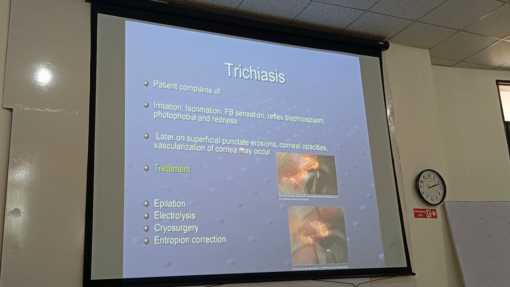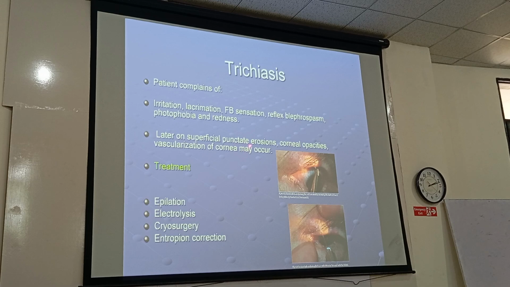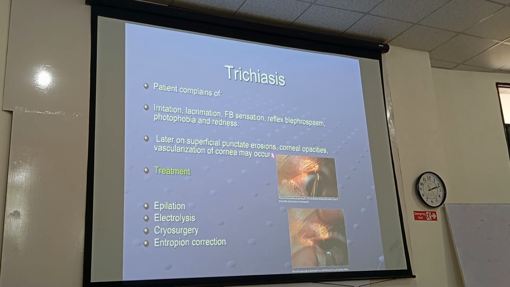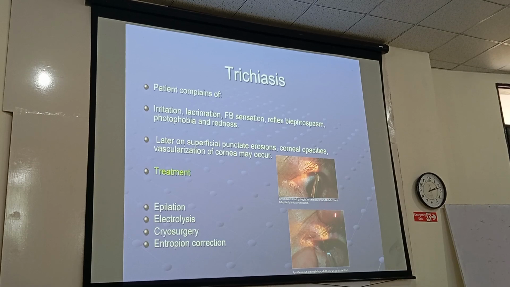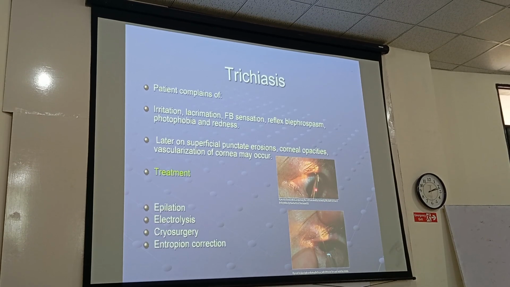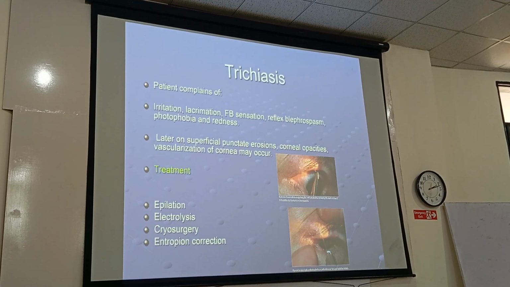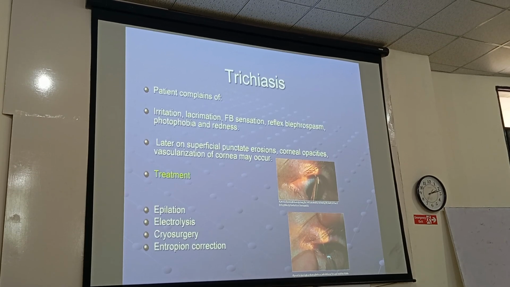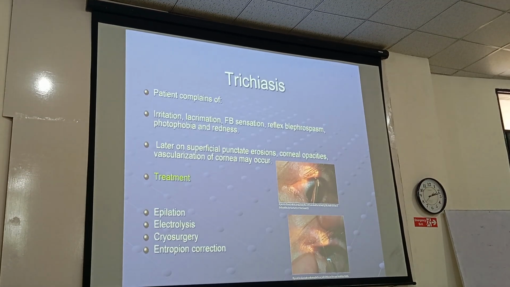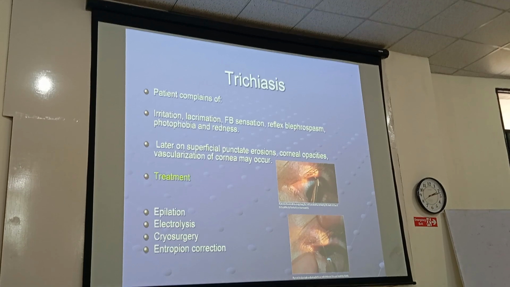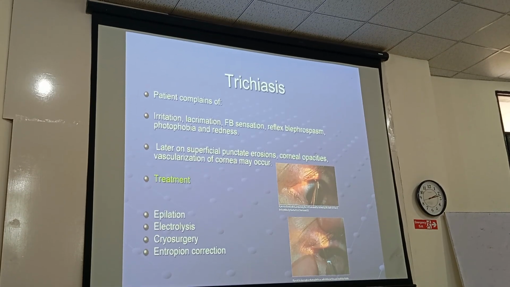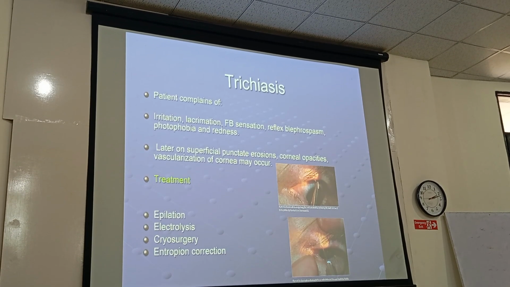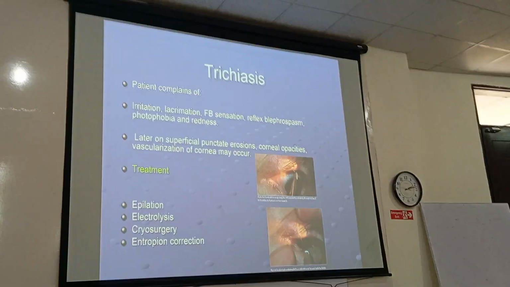Later on, superficial corneal erosions, corneal opacities, and vascularization of the cornea may occur. In this picture it is not clear, but when the eyelashes rub on the cornea, you can imagine its epithelium will be eroded and ulcerated. And these erosions are very painful at times, very painful.